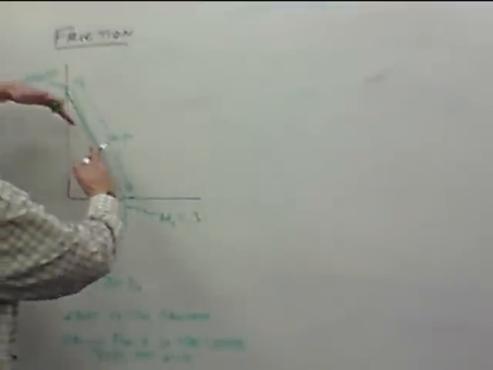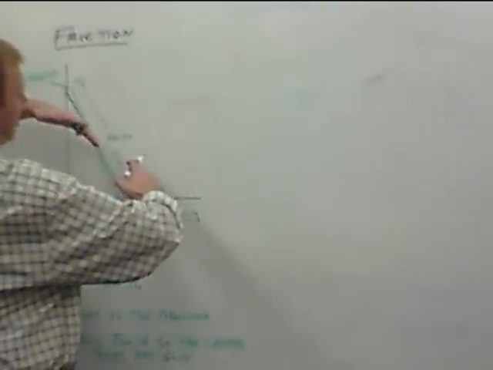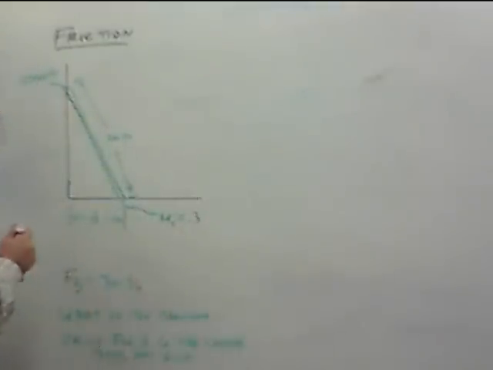So obviously, as this thing gets flatter and flatter, eventually it gets to the point where it just slips and falls. We want to know where that would actually happen.